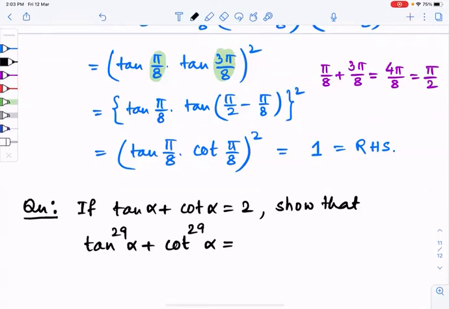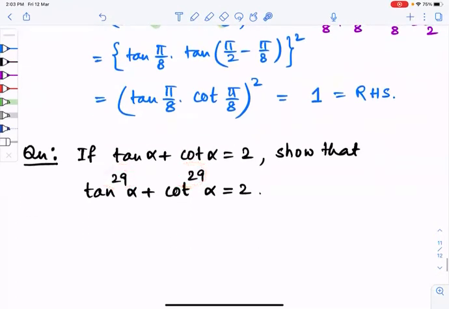Now, what is this power 29? I mean, there's some random number. In place of 29, if it were 31 or 2009, anything can be there. Let us check.